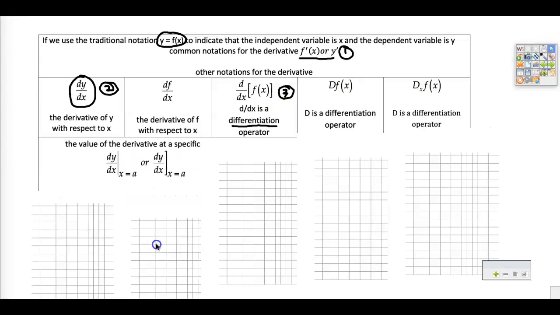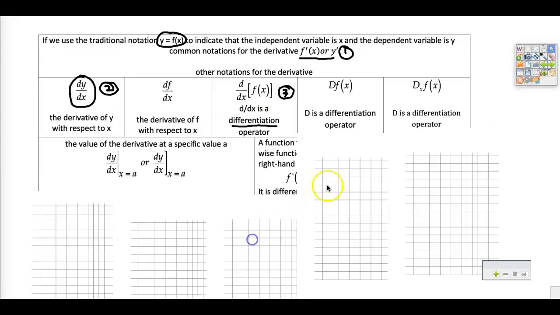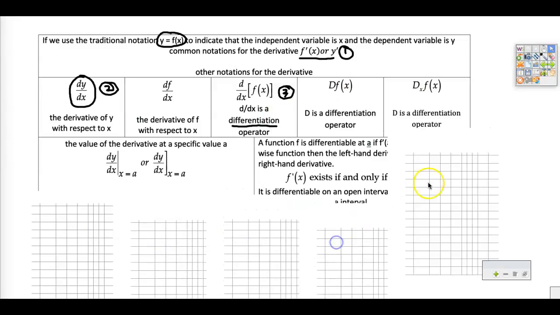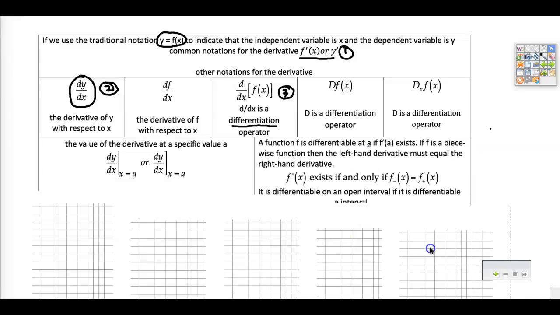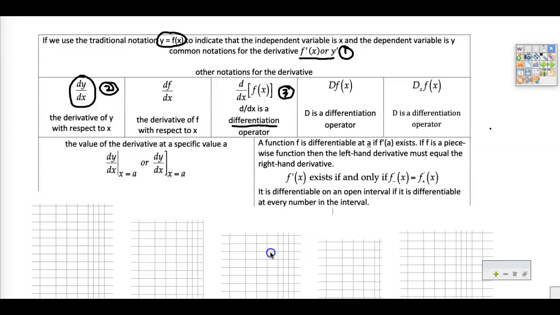And so we also talked about evaluating the derivative at some particular value. This is just illustrating that a function f is differentiable at a if f prime of a exists. And we stated that if f is a piecewise function, then the left-hand derivative must equal the right-hand derivative.